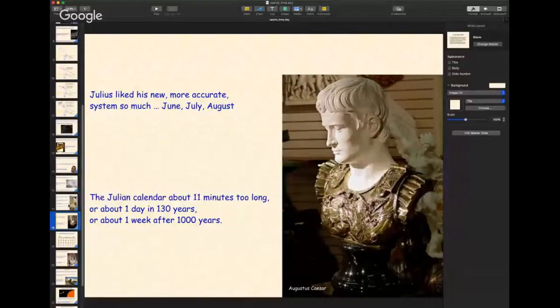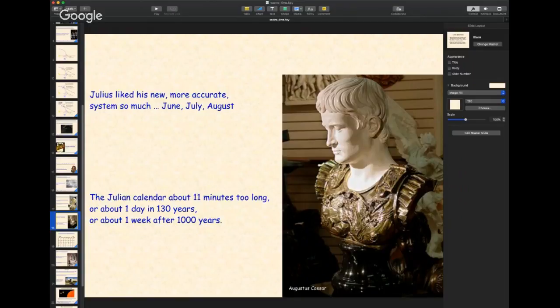So now the pattern was set. Every subsequent ruler of Rome had to take a name of the calendar for himself. Fortunately, most of those did not stick.